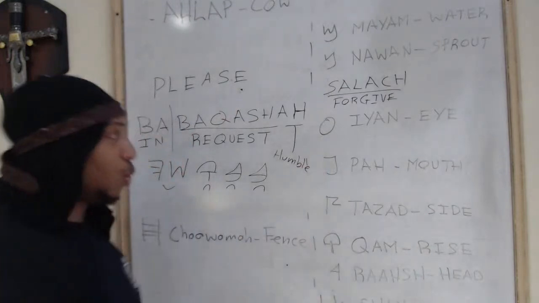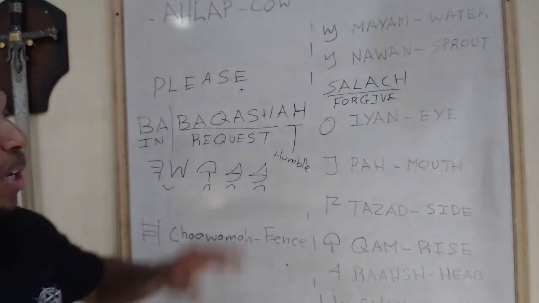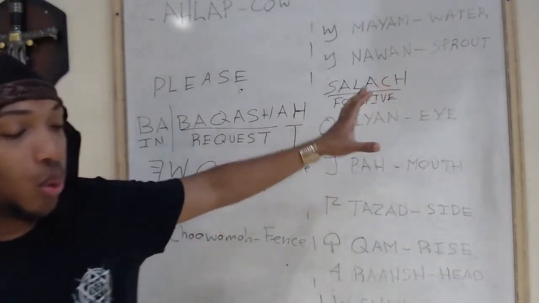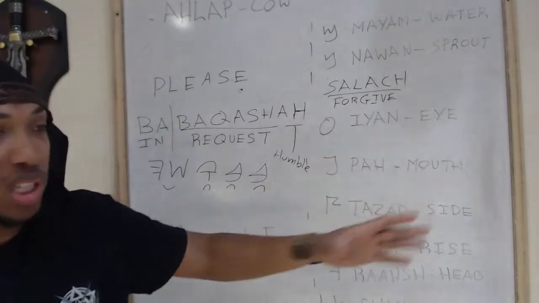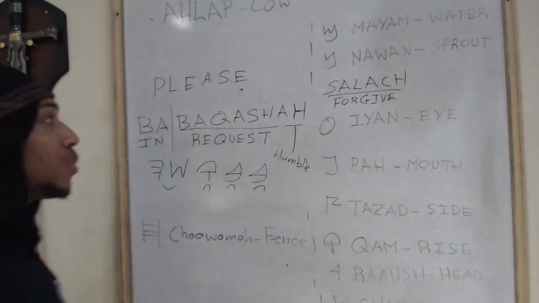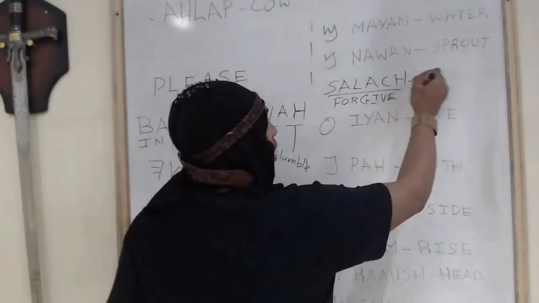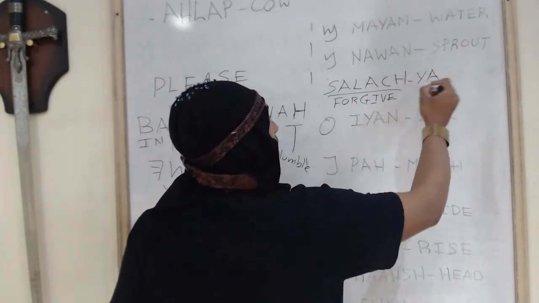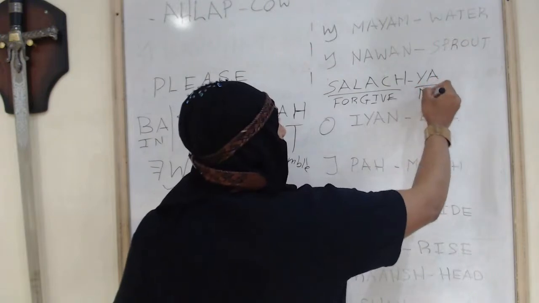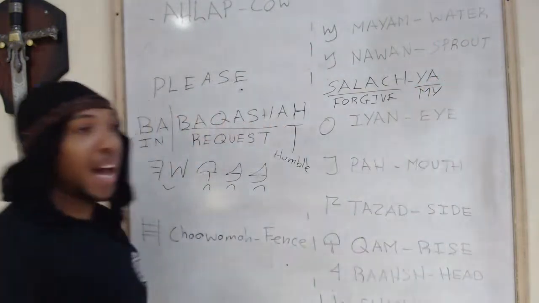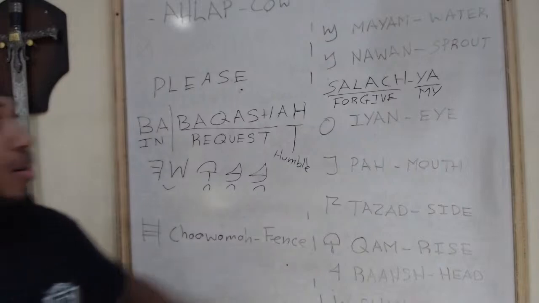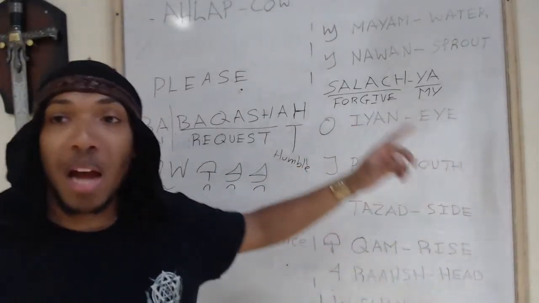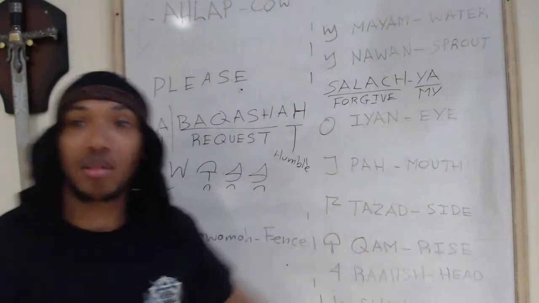So this is when the Lord has mercy on you and he excuses you. You might see the word forgive, or you might see the other word, which is khan, which is grace or mercy, right? Salak, and then what? Salak, ya, with the possessive. Ya means my. In other words, forgive me, or my forgiveness.